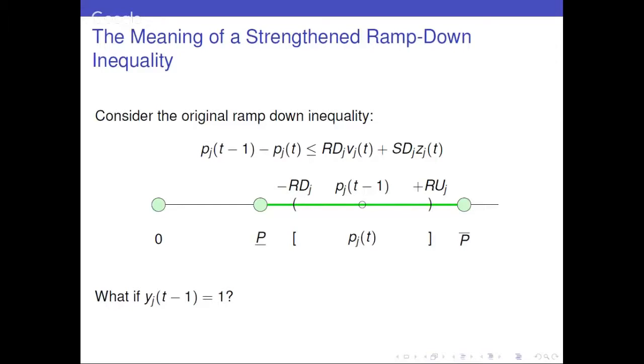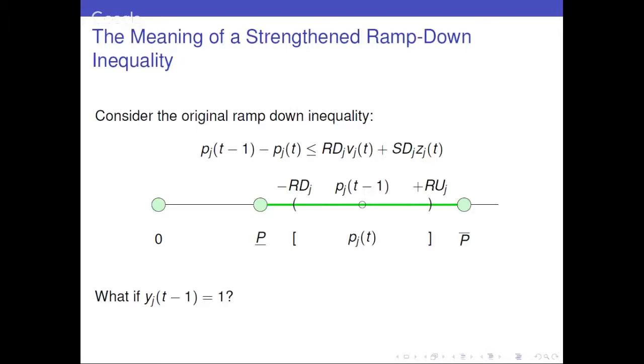What this inequality says is that if I'm going down in terms of the level of P, then I cannot decrease P faster than ramp down times V plus shutdown times Z. So if I'm shutting down, I have to be down to ST, and otherwise I can decrease by at most RT.